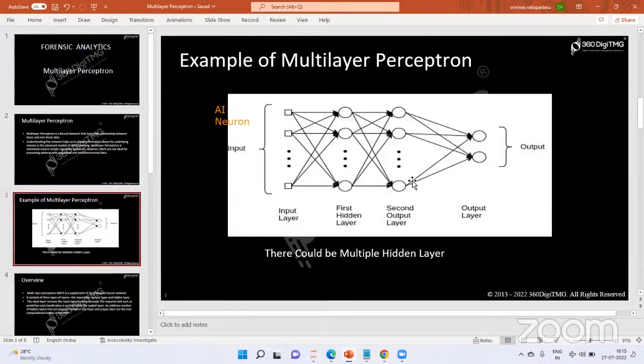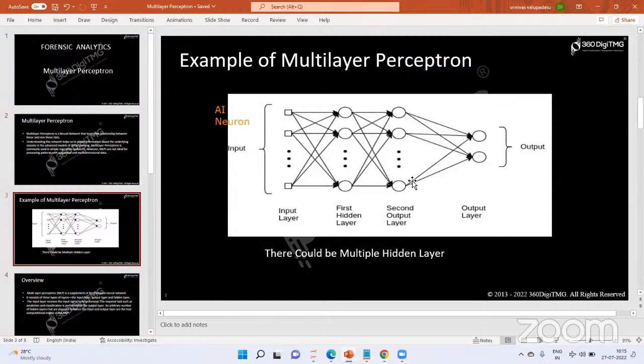It will retrain the model, adjusting weights until we get the clear output. In this way, a multi-layer perceptron will work. With more layers, we call it a multiple layer perceptron.